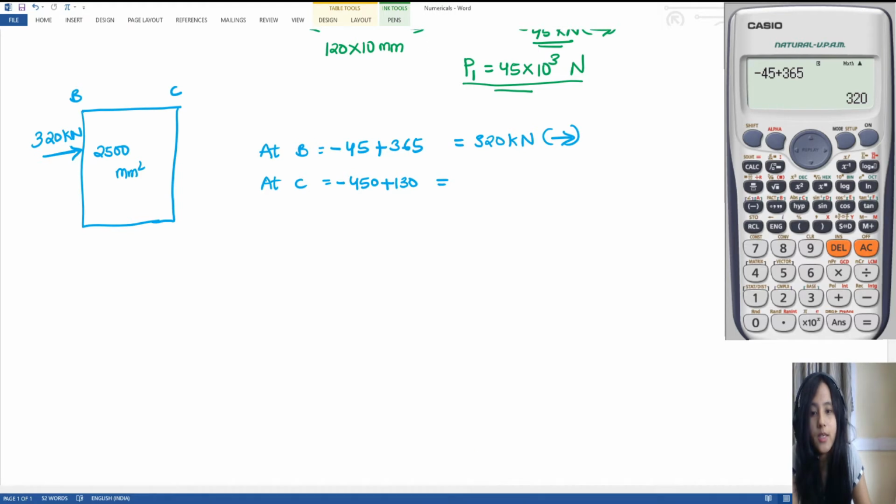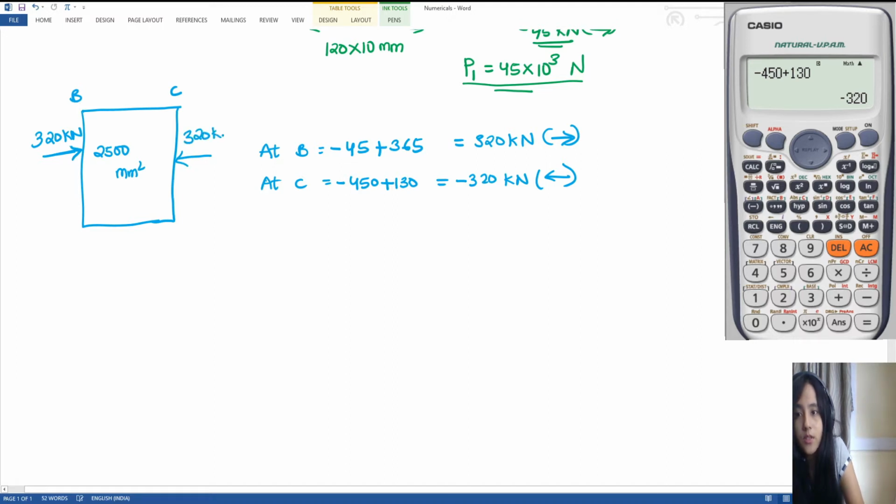So what do we get again? Minus 450 plus 130. So it's coming minus 320. Minus 320 kilonewton, and it is going to left hand side direction, 320 kilonewton.